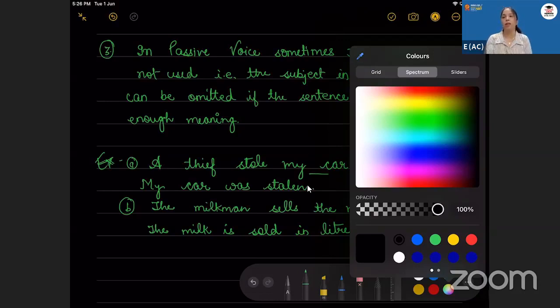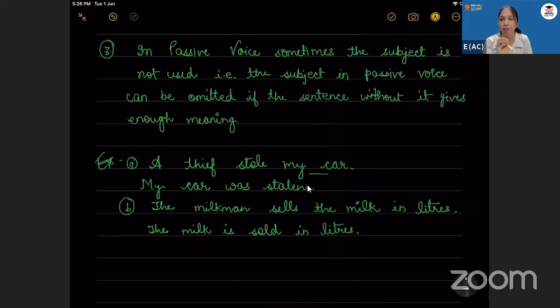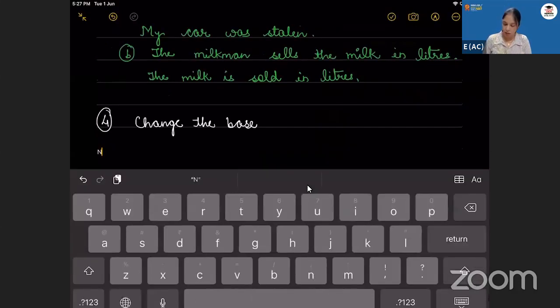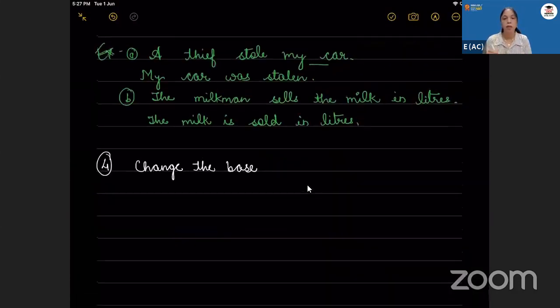No, in active voice it cannot be applied, because in active voice it is very important to have a clarified subject. Subject is mandatory in active voice. Clear? Yes, ma'am.